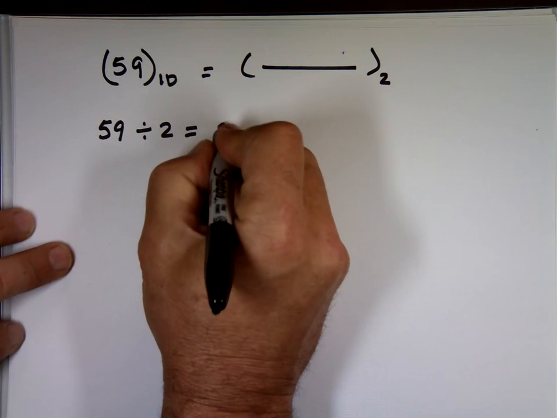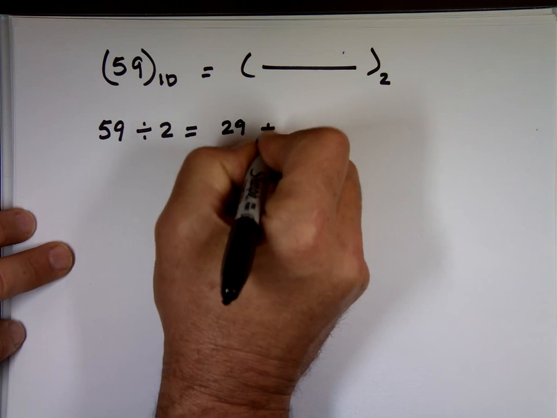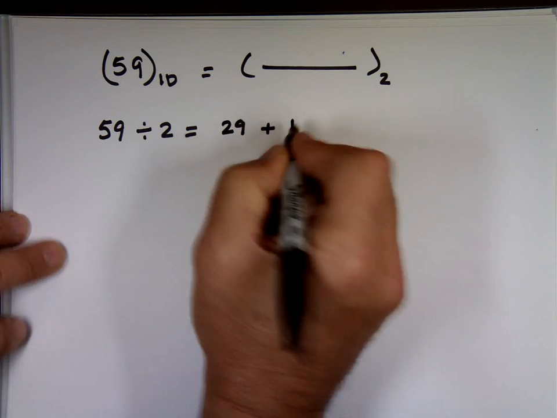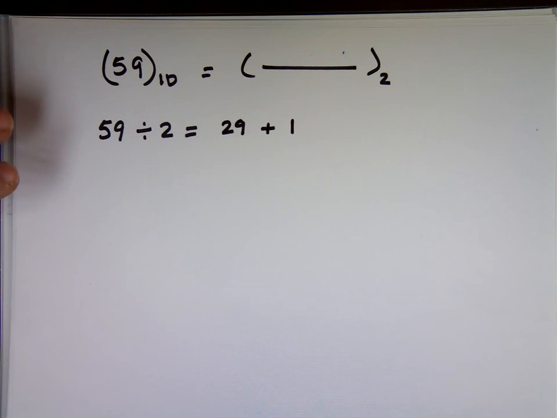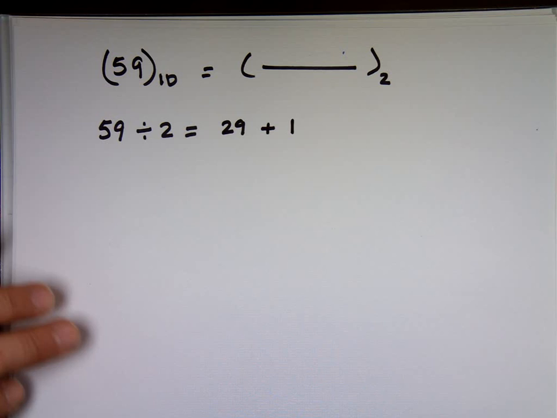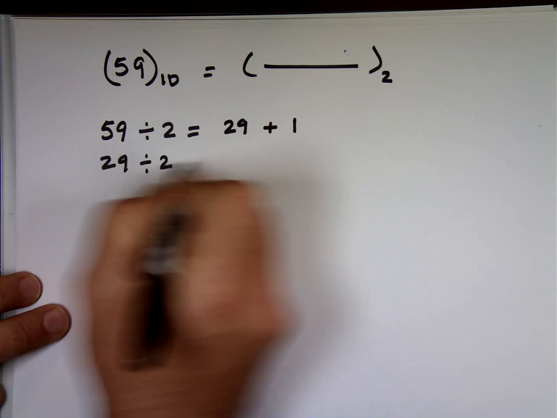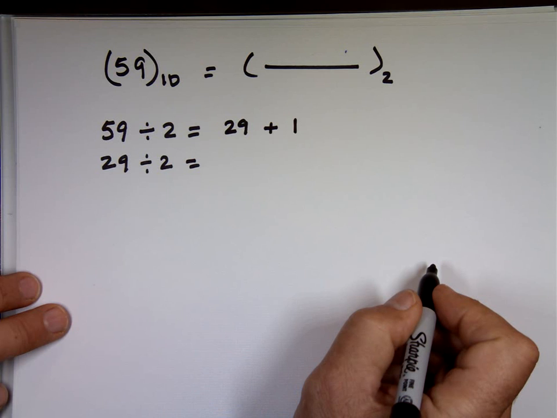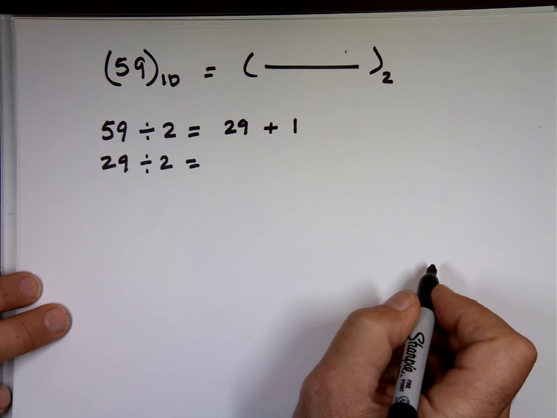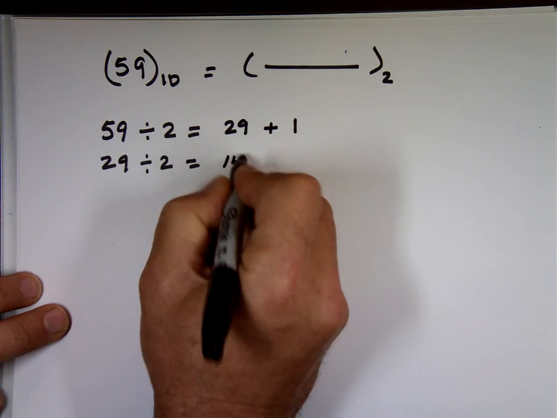It's really 29 plus a remainder of 1 if you do long division. It's a remainder of 1. Then we take the 29 divided by 2. If it was 28, that would be what? 14? That's 14 plus a remainder of 1.